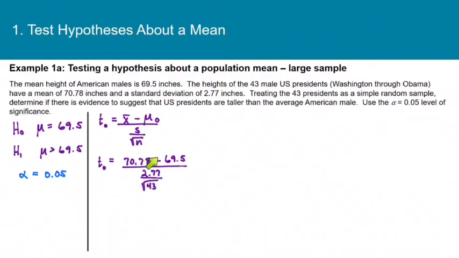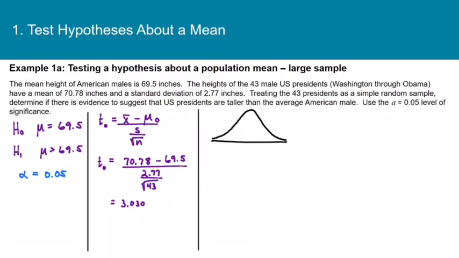So now you'll put this in your calculator. Remember, after you do the subtraction, you need to press enter and then divide by this quantity and put this in parentheses. And you should find a test statistic of 3.030.